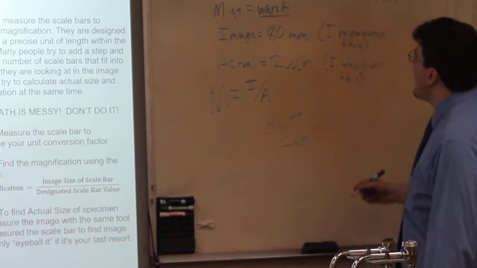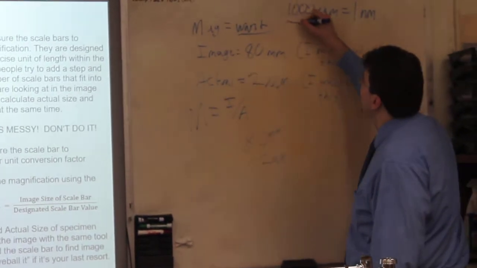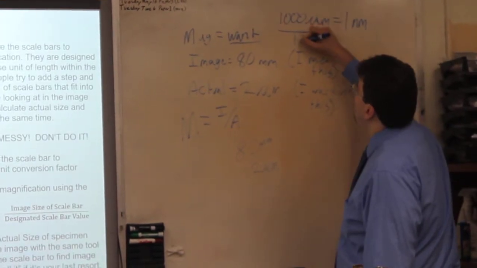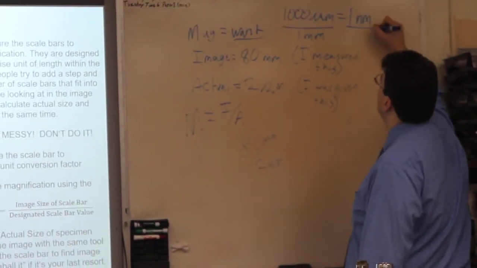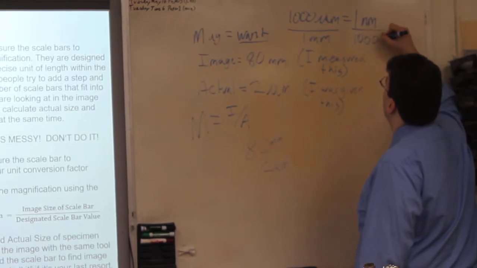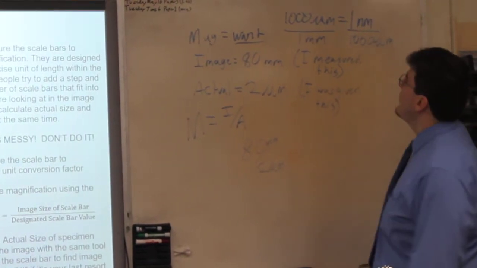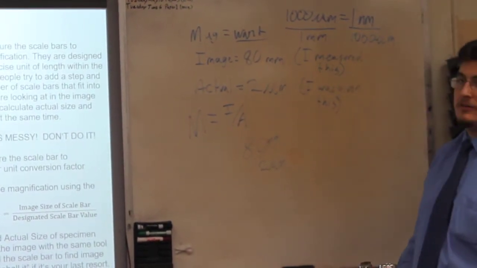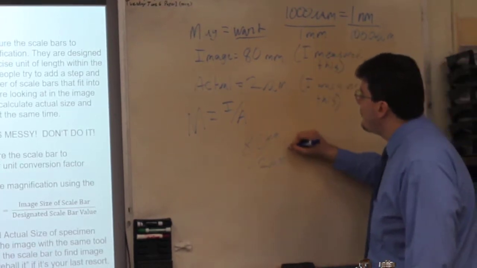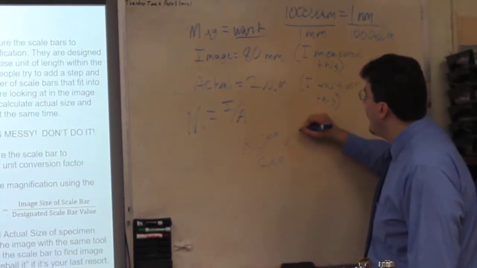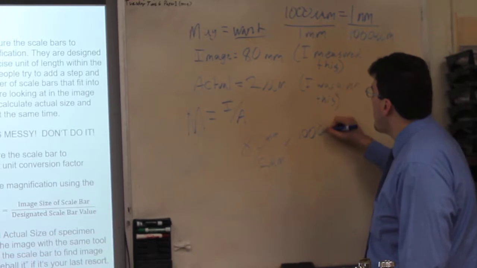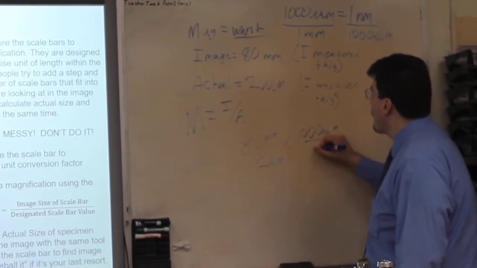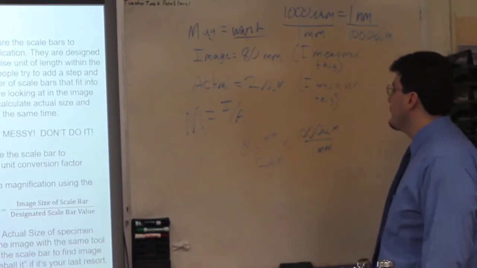And because of that, I can basically say that 1 millimeter and 1,000 micrometers are the same number. These are my conversion factors. I can multiply by this number, 1,000 micrometers per 1 millimeter.